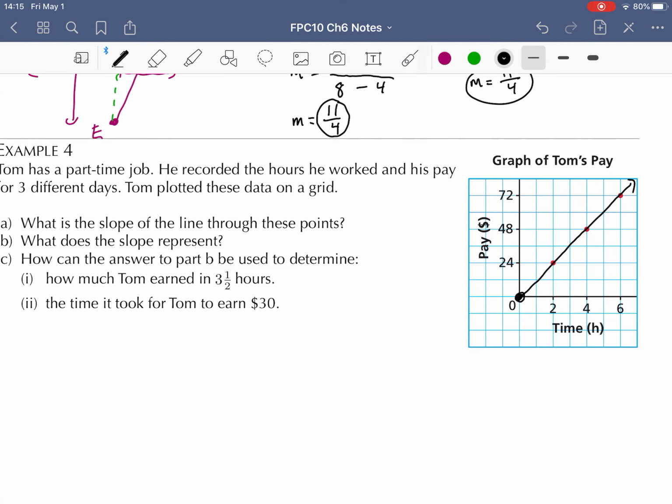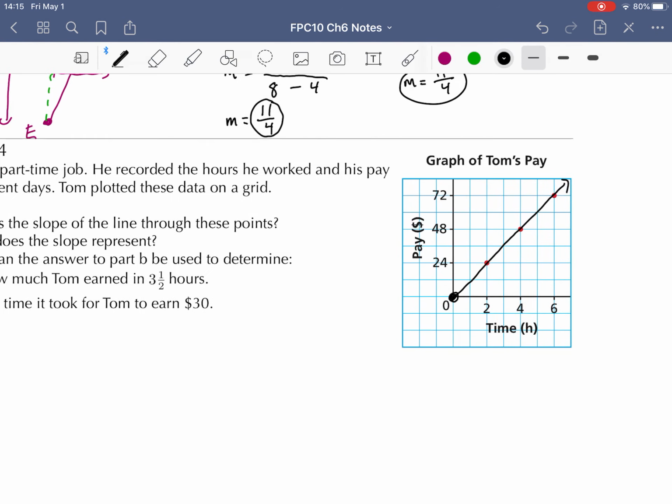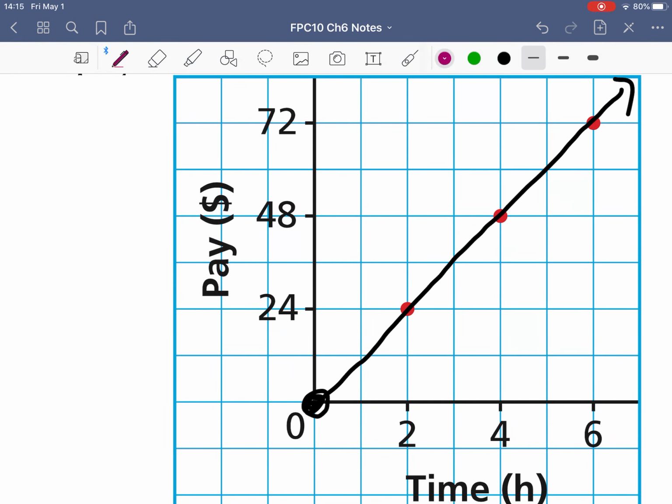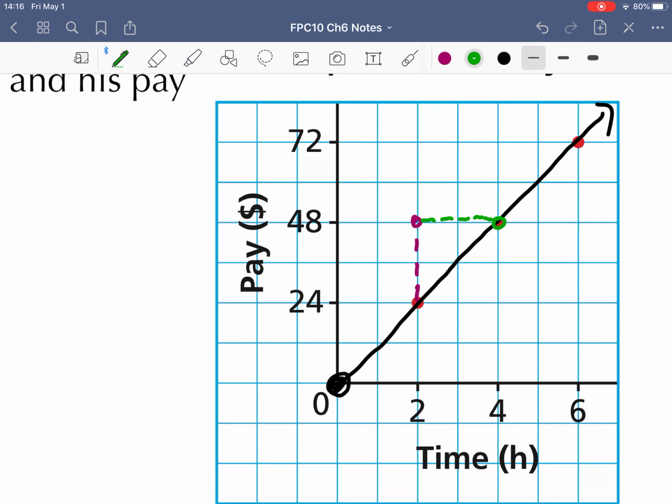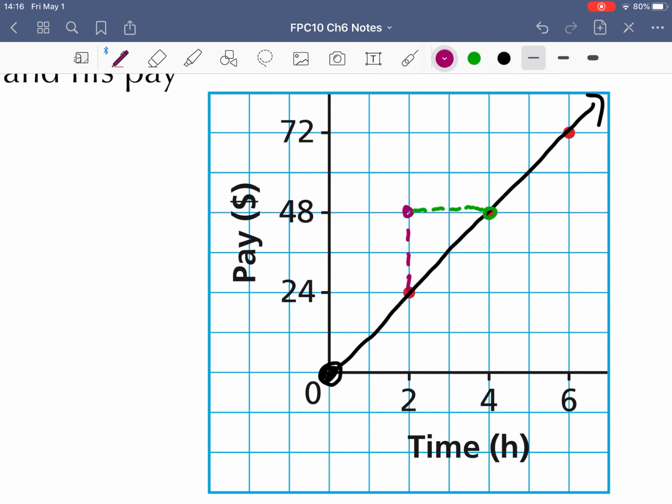Well, let's take a look at determining his slope, because that's the first one. What is the slope of the line through these points? So let's pull out 2 points on here, and let's look at the rise and the run.